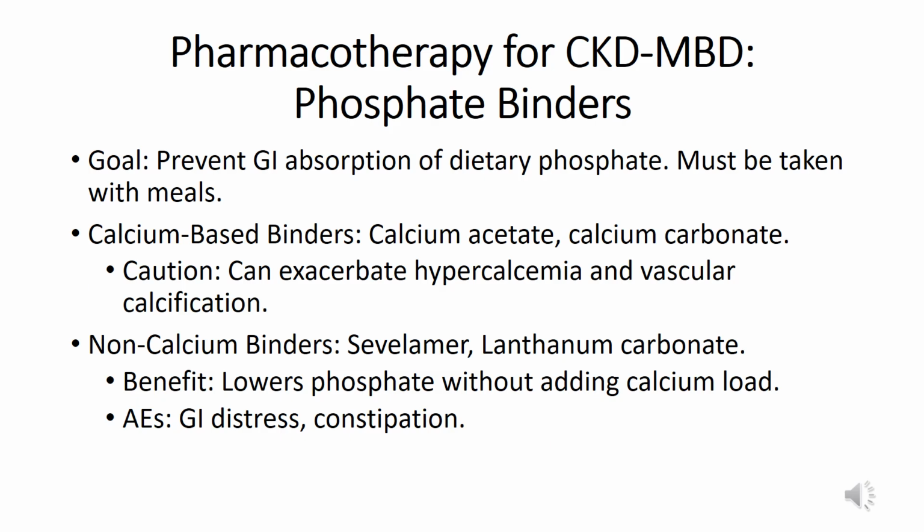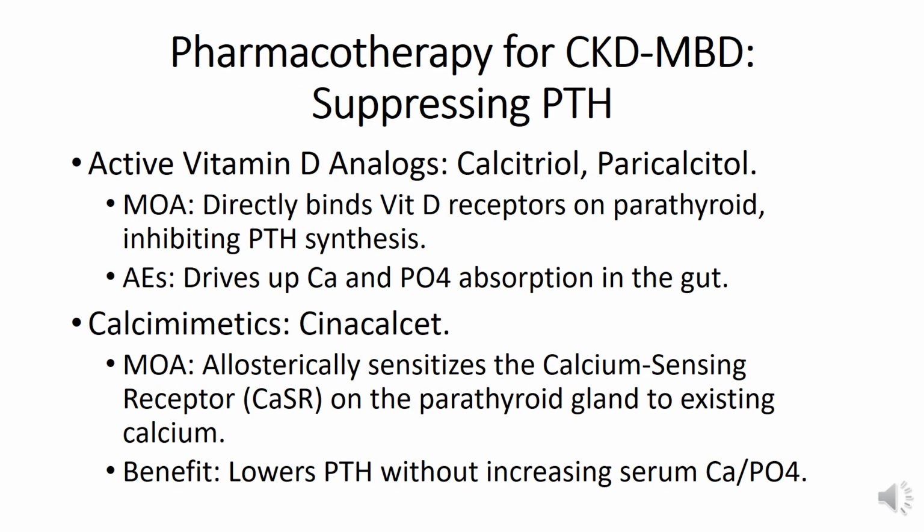They are a cornerstone of chronic kidney disease, mineral and bone disorder management. They help interrupt the cycle of mineral imbalance, and they contribute to long-term cardiovascular and skeletal protection in end-stage renal disease patients.